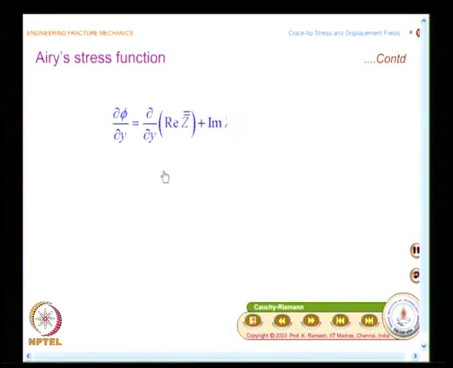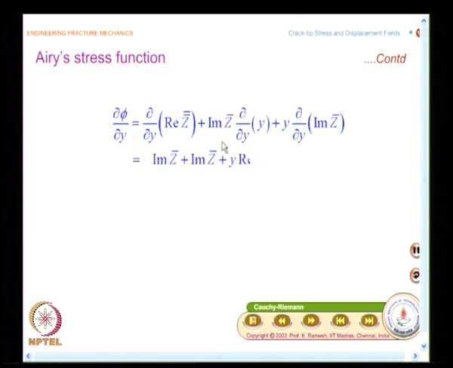So, when I have to do that, I have to recognize that y is also a function. I have to use the chain rule. So, I will have to have this as imaginary part of z bar dou by dou y of y plus y into dou by dou y of imaginary part of z bar. See, I have a nice slide, I have written this.